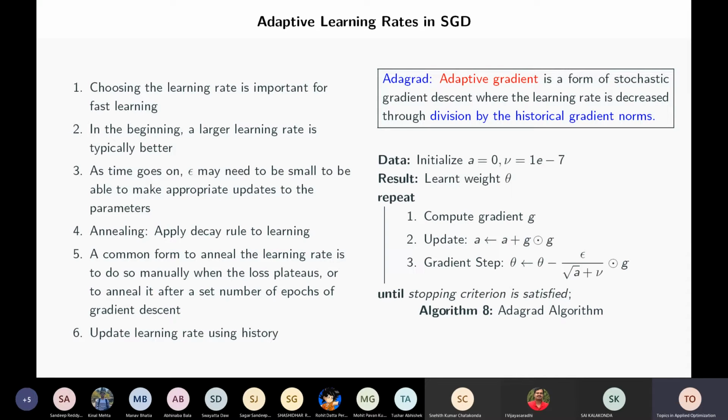So you divide by the historical gradient norms, like this. This is yet another gradient descent method, and the way we do updates is like this. So you compute the gradient, and you compute.